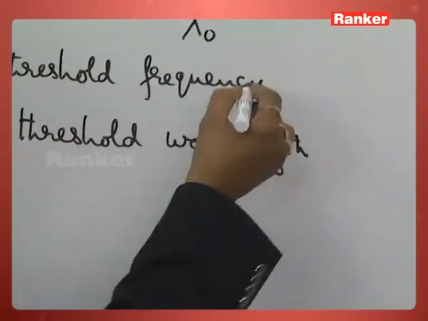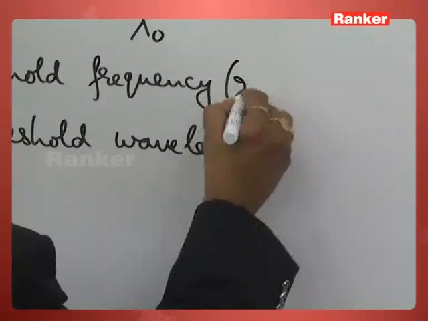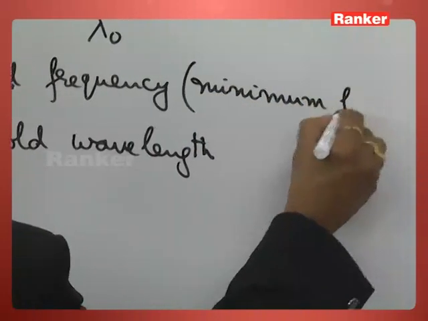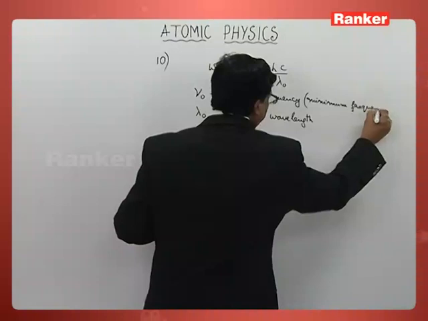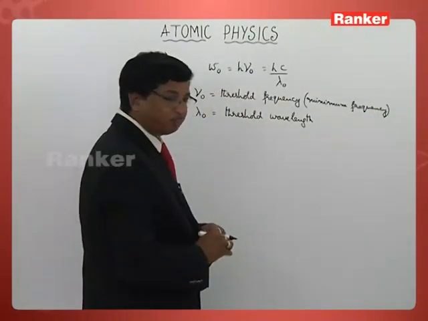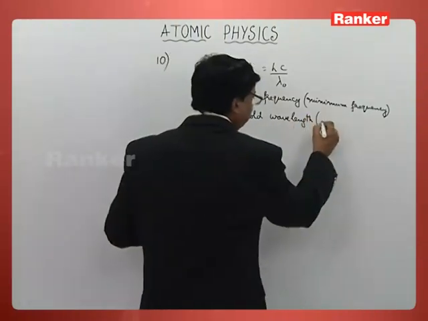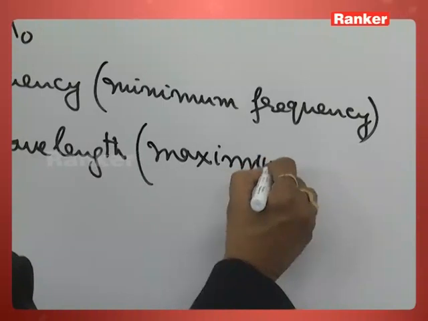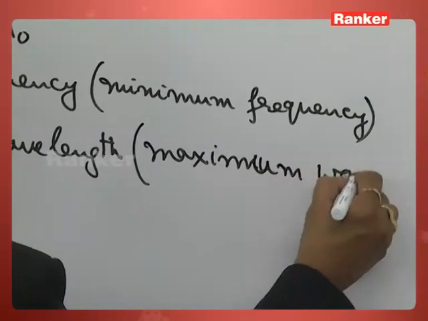And also you should understand that threshold frequency is nothing other than the minimum frequency of photon that is required for this photoelectric emission to take place. And threshold wavelength is to be taken as maximum wavelength.